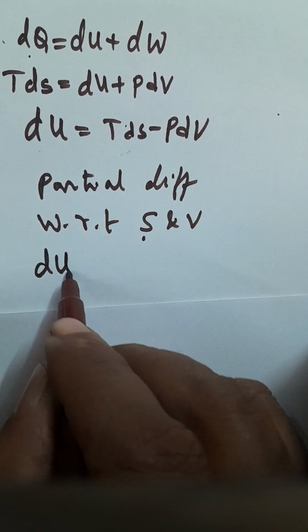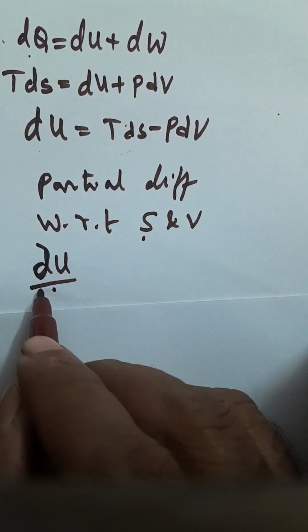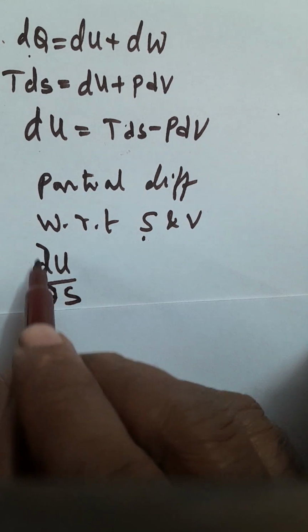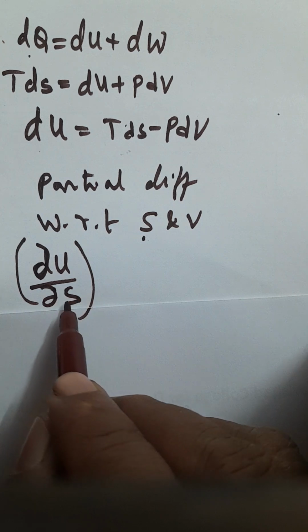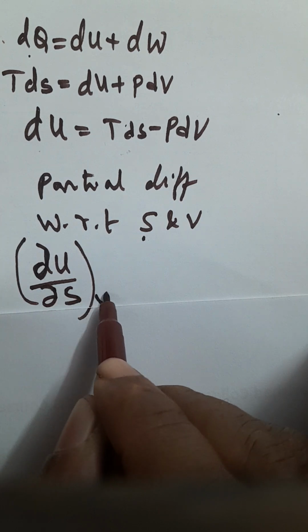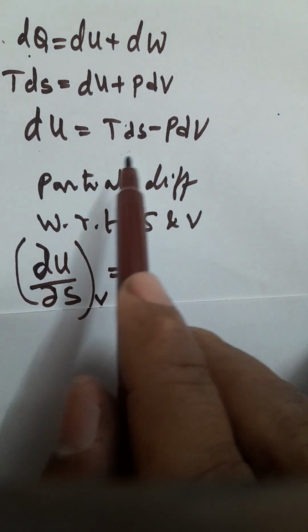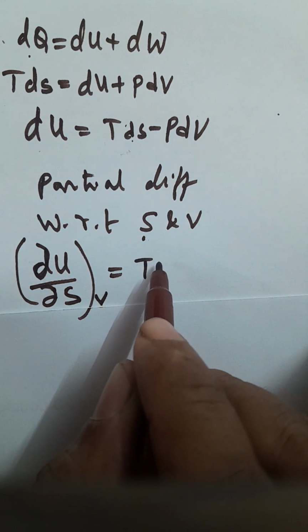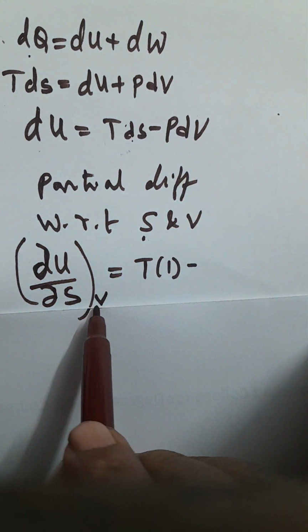So dou u by dou s, always remember dou or d both are the same, a little small change. Here we are doing differentiation with respect to entropy at constant volume. Now if you differentiate with entropy, ds by ds value is 1, so T, minus, and here volume is constant.